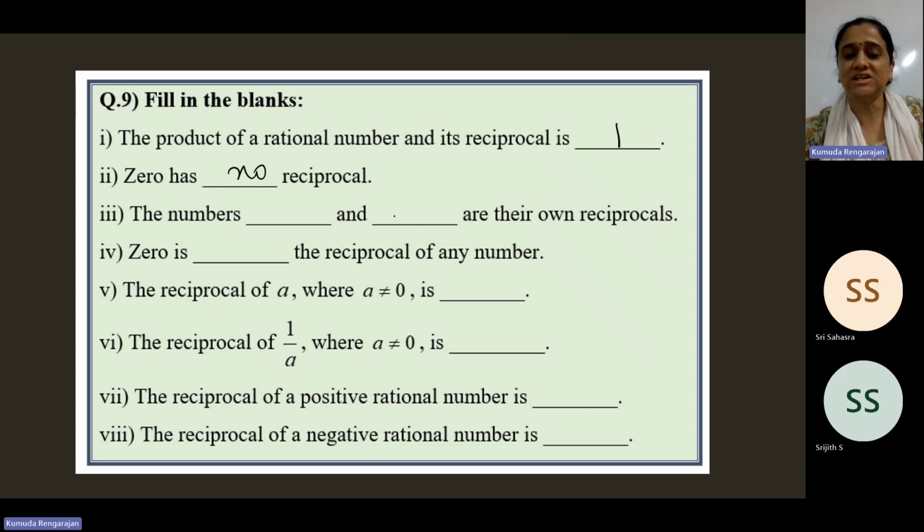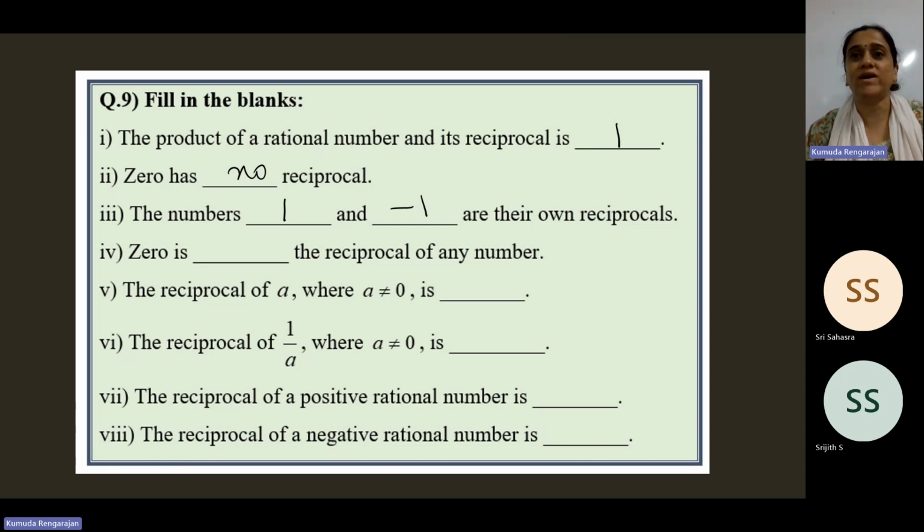The numbers 1 and -1 are their own reciprocals.